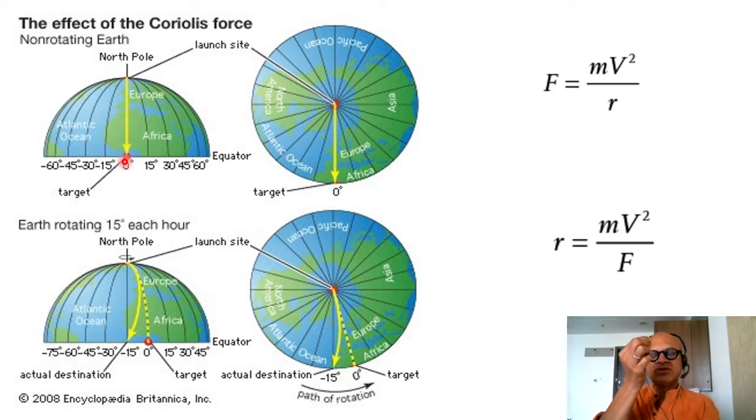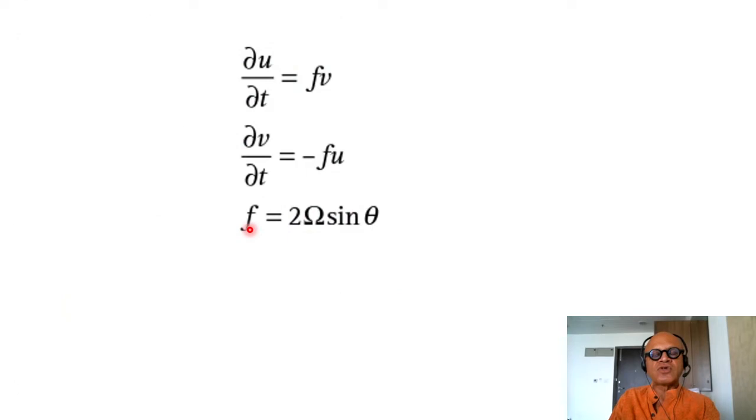As soon as you step off into the northern or southern hemisphere, Coriolis begins to act, and it increases towards the poles because your distance at the surface from the rotational axis decreases as you go from the equator towards the poles. So the f also increases, and the local Coriolis parameter turns out to be just 2 omega times sine theta, where theta is the latitude.